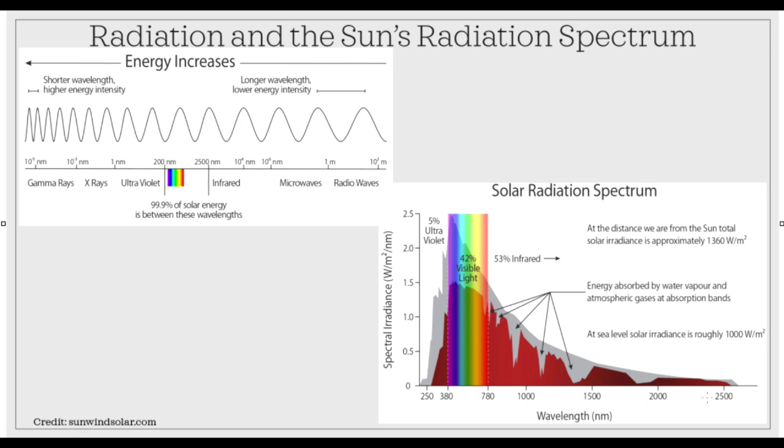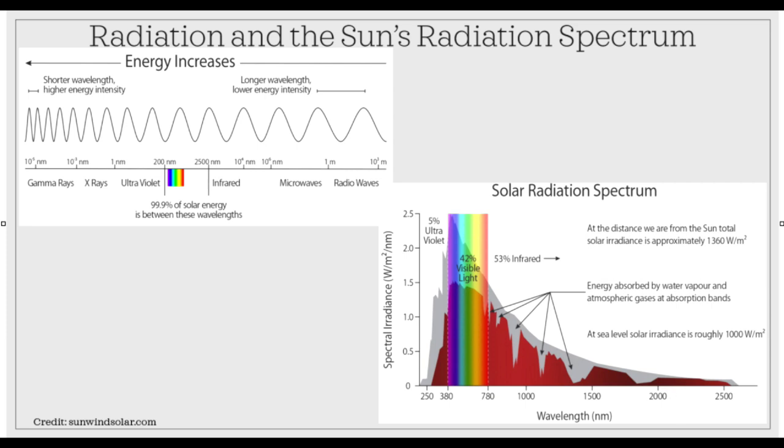As you can see, there's a significant amount of energy at different wavelengths that doesn't make it to the surface. These little notches right here. Take note of these distinct wavelength bands that show absorption of that incoming radiation. We will discuss this in more detail in a moment.